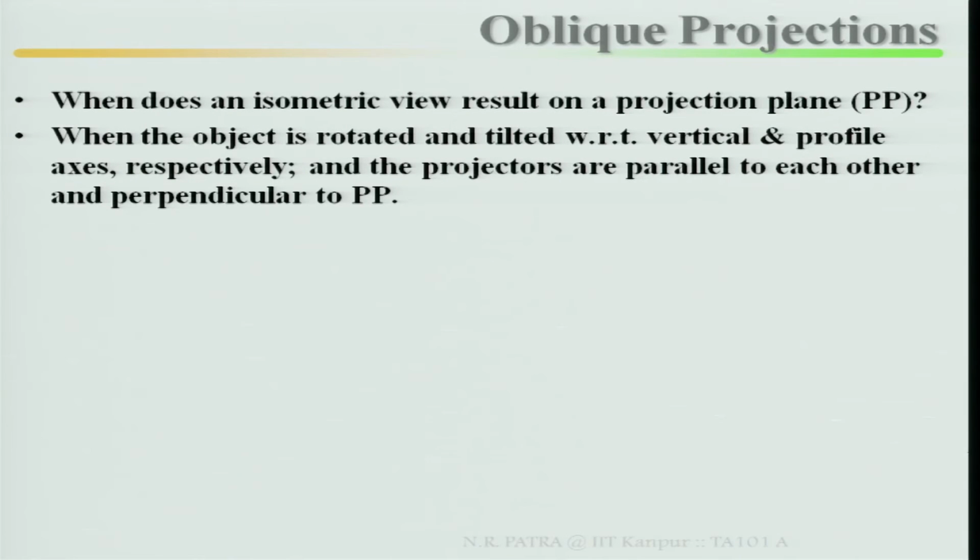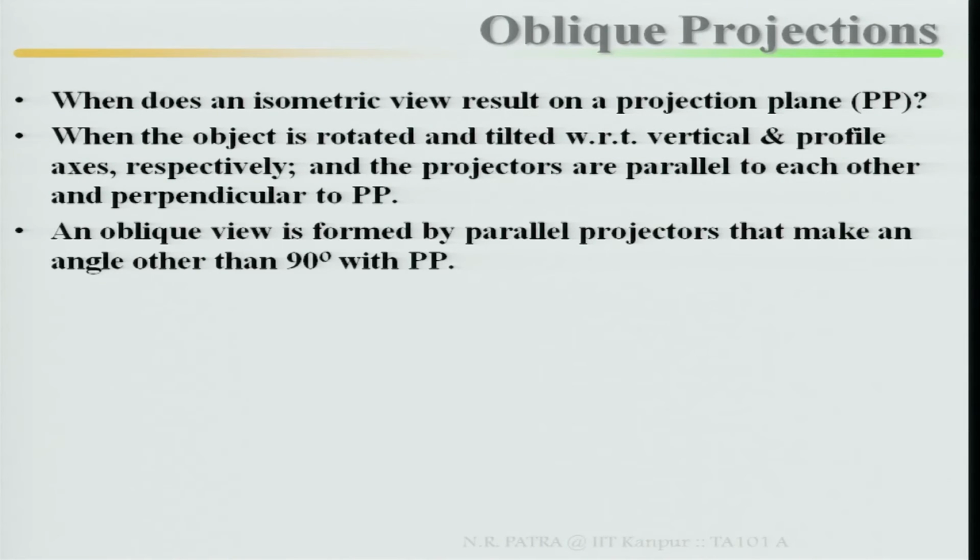When the object is rotated and tilted with respect to the vertical and profile axes respectively, and the projectors are parallel to each other and perpendicular to the picture plane. Remember, the projectors are parallel to each other and perpendicular to the picture plane.